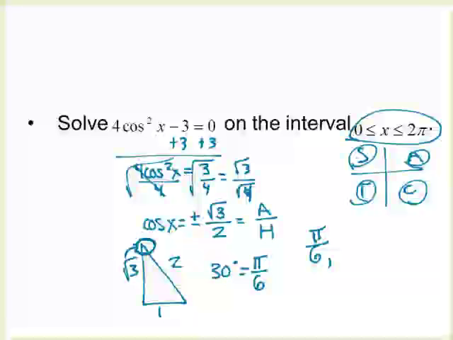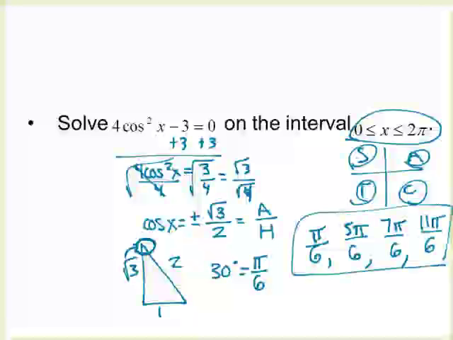Second quadrant, 5 pi over 6, 1 less than the denominator. Third quadrant, 7 pi over 6, 1 more than the denominator. And fourth quadrant, 11 pi over 6, 1 less than double because we're almost making that full circle, 2 pi.